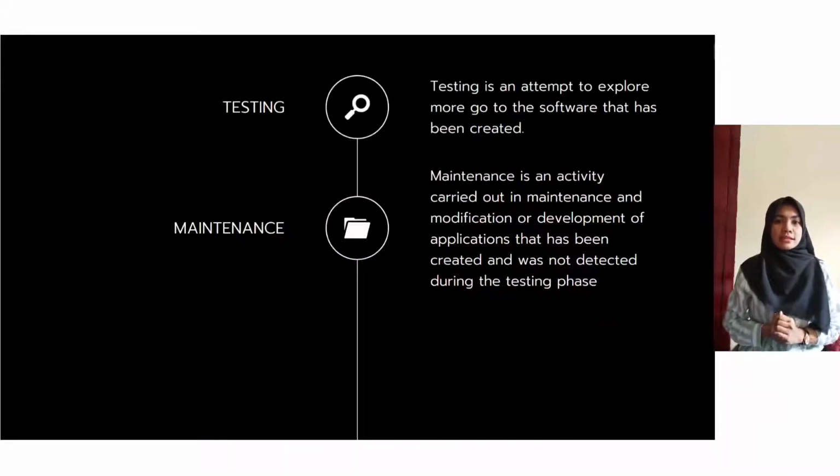At this testing stage, the application will be tested with the black box testing concept. And the last, maintenance. Maintenance is an activity that is carried out in the maintenance and modification or development of applications that have been made and are not detected during the testing phase.